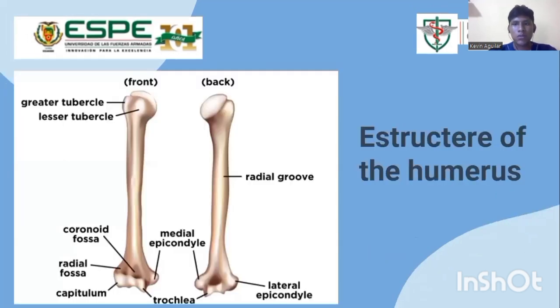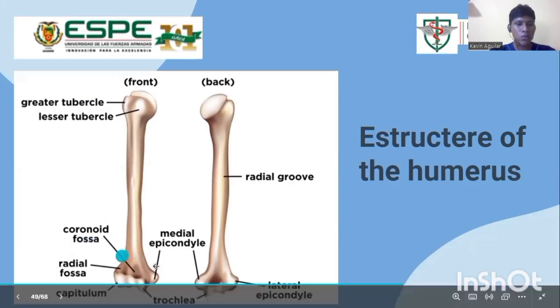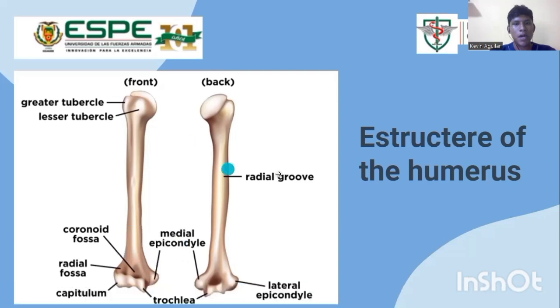The structures of the humerus in the front part are the greater tubercle, lesser tubercle, coronoid fossa, distal fossa, capitulum, trochlea, and medial epicondyle. The back part has the radial groove and lateral epicondyle.